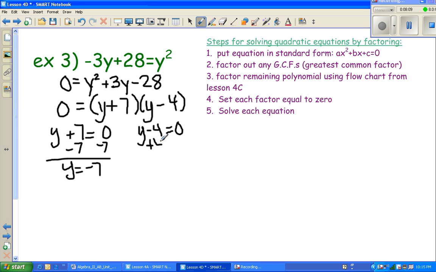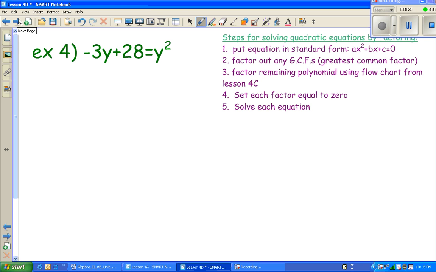Add 4. y equals 4. Okay, and again, we could check these by plugging them in for the y, and you would come out with a true statement.